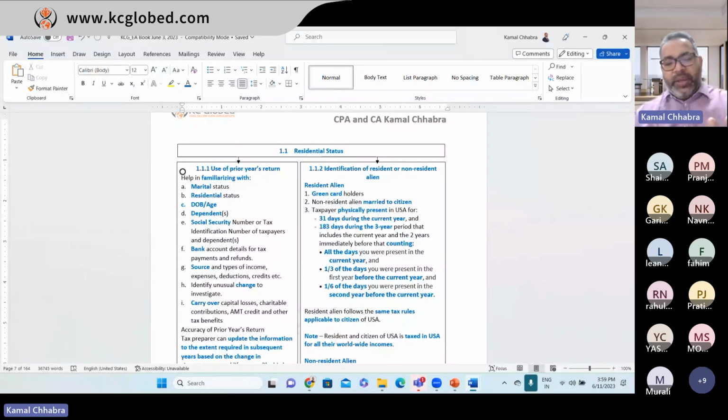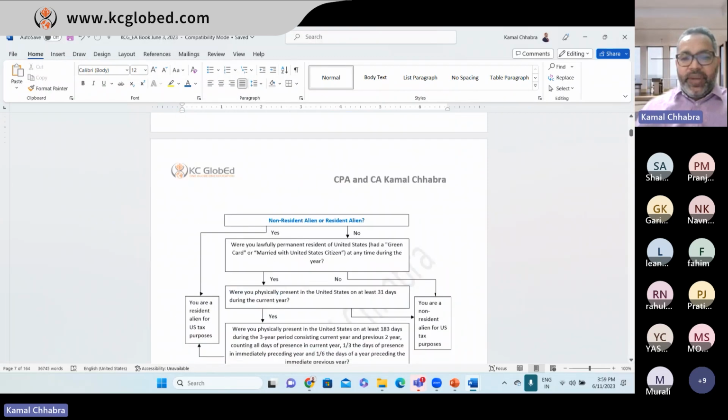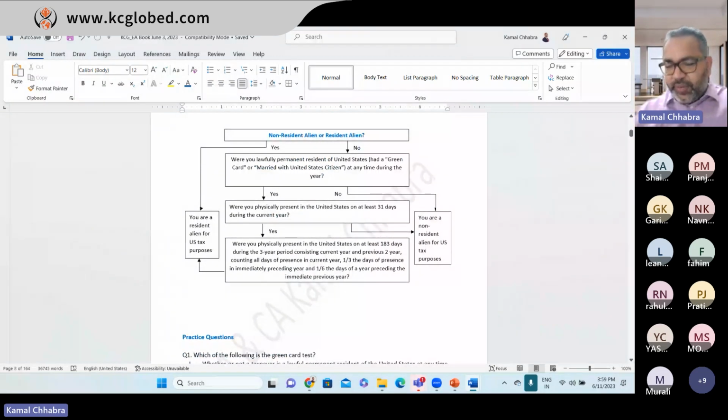Each topic has respective highlights that you need to walk through when you are studying for the exam. In the residential status, we'll discuss to the point what is resident and what is non-resident. Same way the status, all these kinds of notes you'll be getting in the classroom, and I'll be walking you through them one by one.